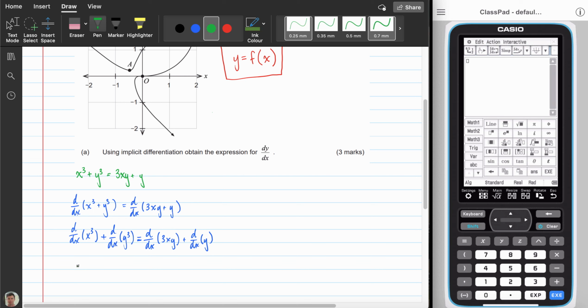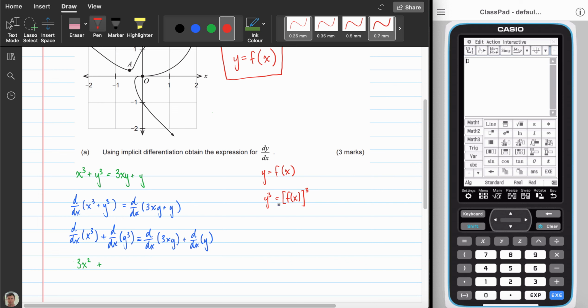d dx of x cubed, we're just using the power rule, so that's going to be equal to 3x squared plus the derivative with respect to x of y cubed. Now, we have to remember, guys, like I said before, that because y is a function of x, if I have a y cubed here, this is the same as saying a function of x, cubed.